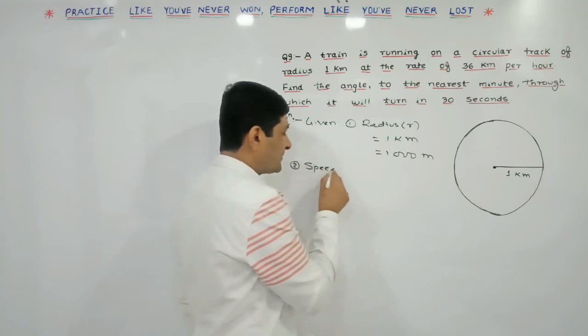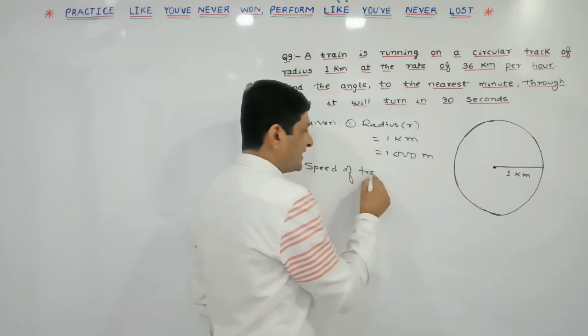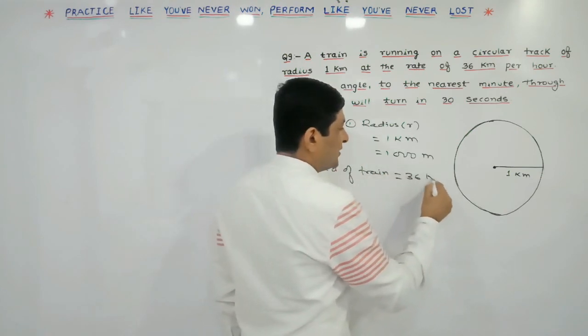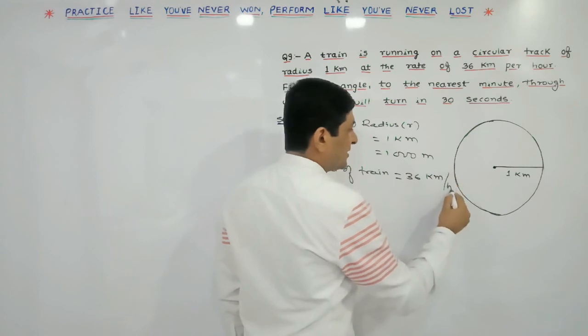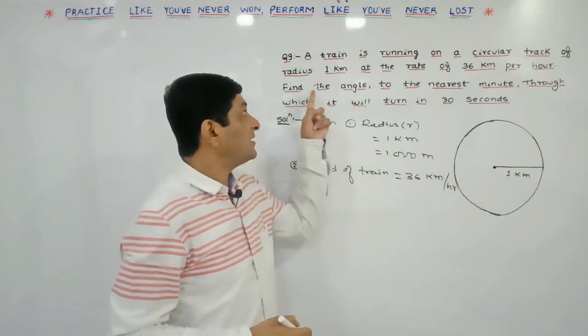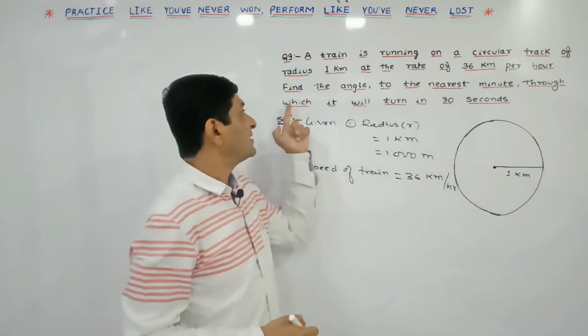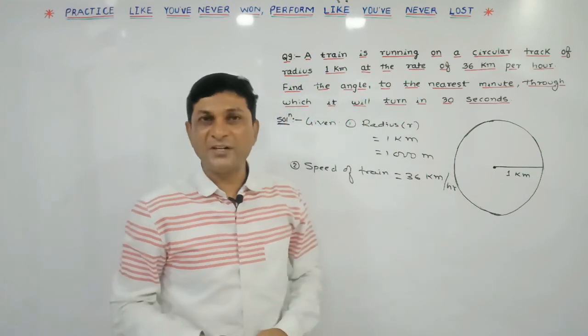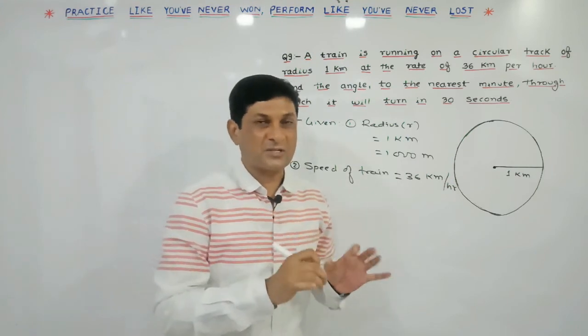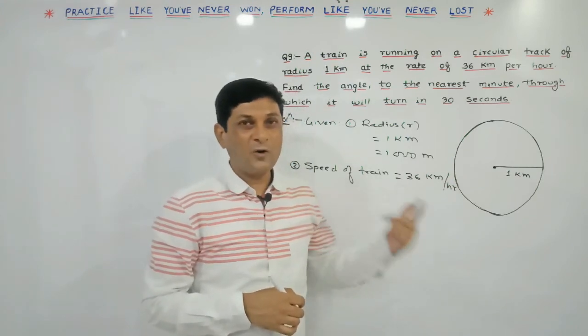So speed of train is equal to 36 km per hour. Using this condition, we have to find out the angle to the nearest minute through which it will turn in 30 seconds.